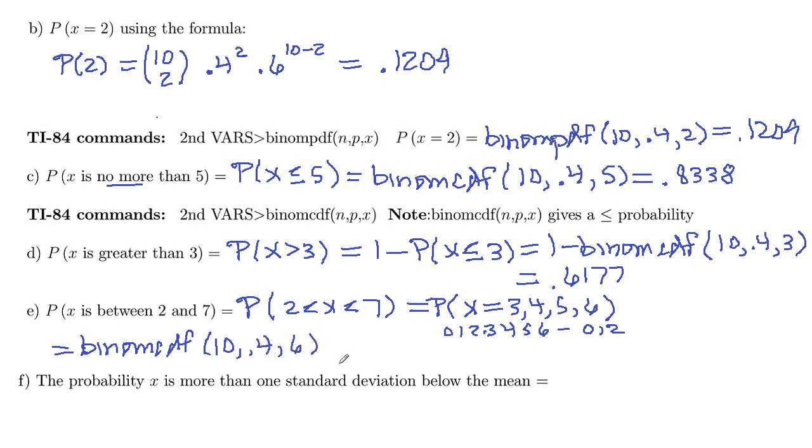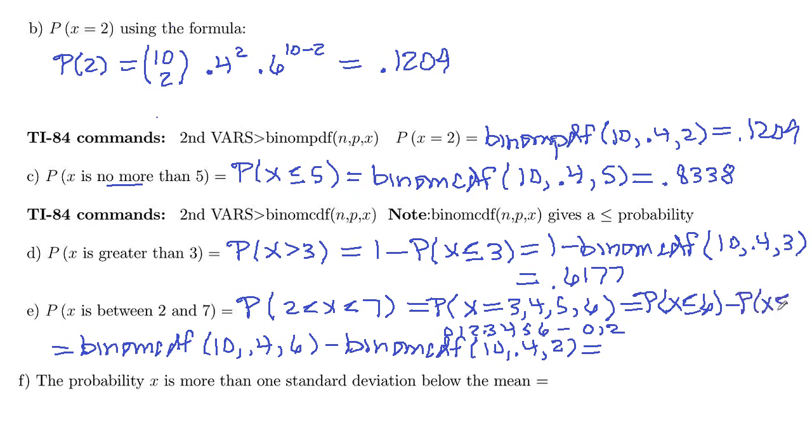So that's the probability of 0 up to 6 minus binomial CDF(10, 0.4, 2). So less than or equal to 2. So again, what we did here is probability x is less than or equal to 6 minus probability x less than or equal to 2, and that leaves 3, 4, 5, and 6.